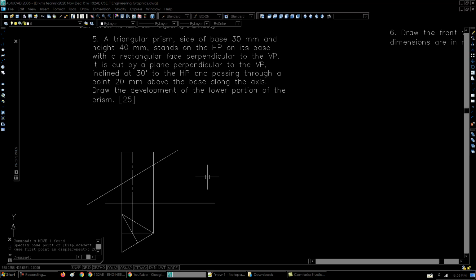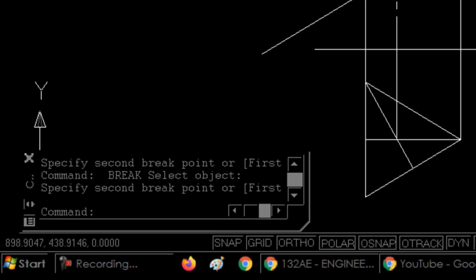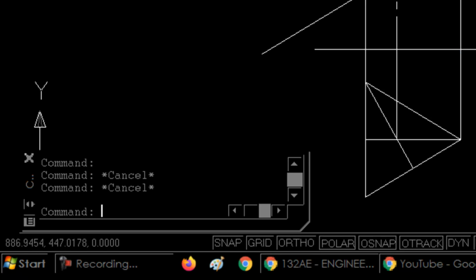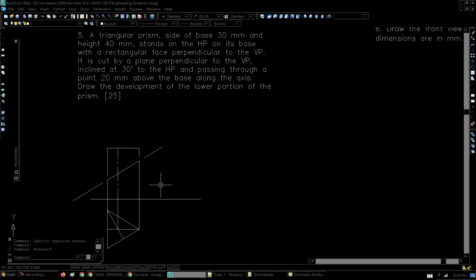Now this section of course we'll have to cut it over here, so the top part actually goes away. I'm using the break command over here to make these lines separately so that we can select them separately. So this is the part that we got. The bottom part is what we have to develop. To draw the development of this, it's a prism, so we'll have to start at some point.